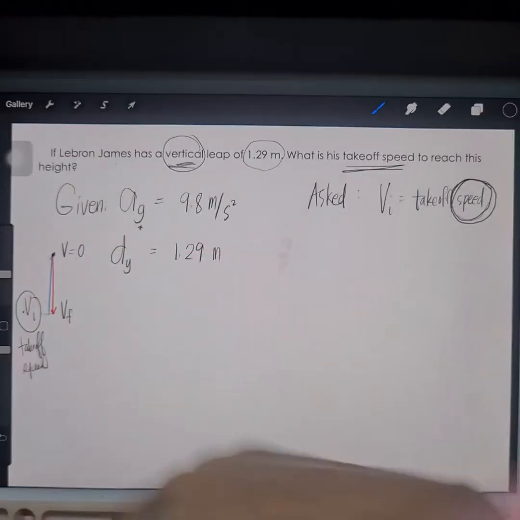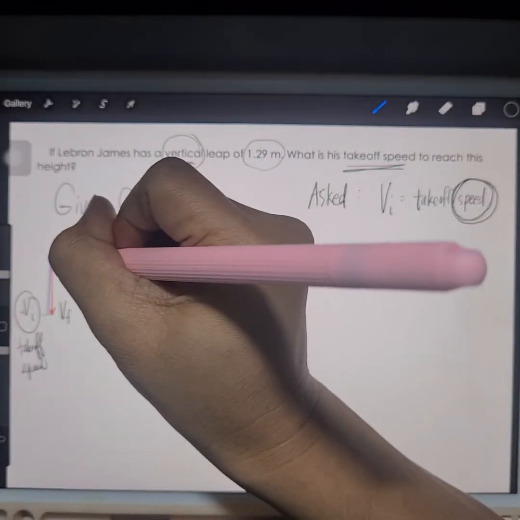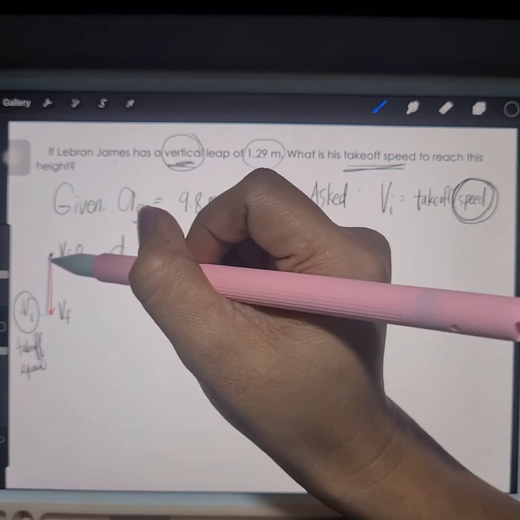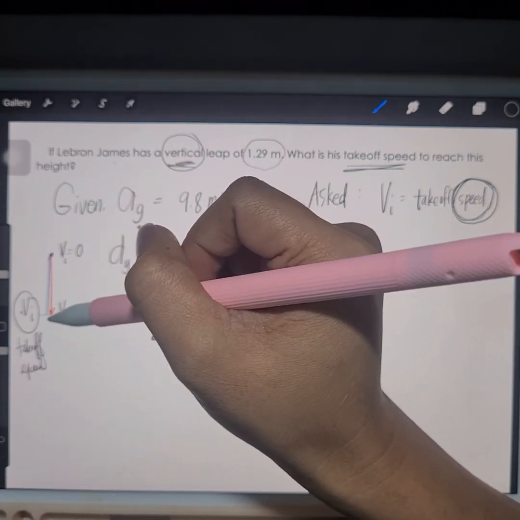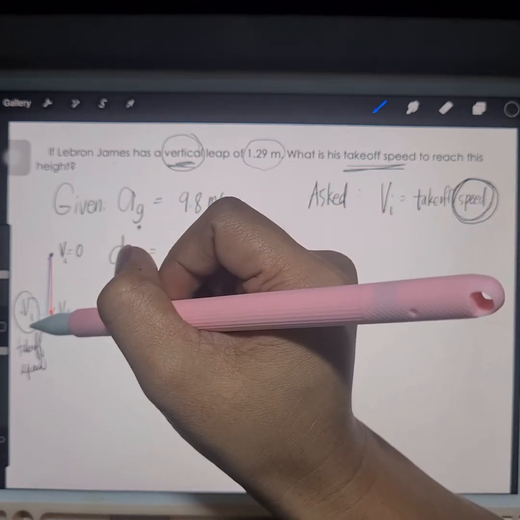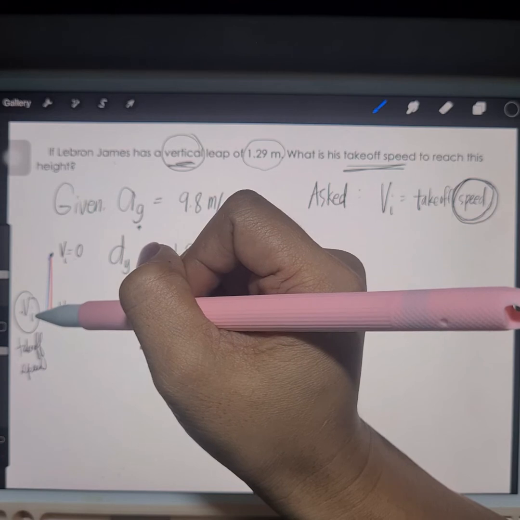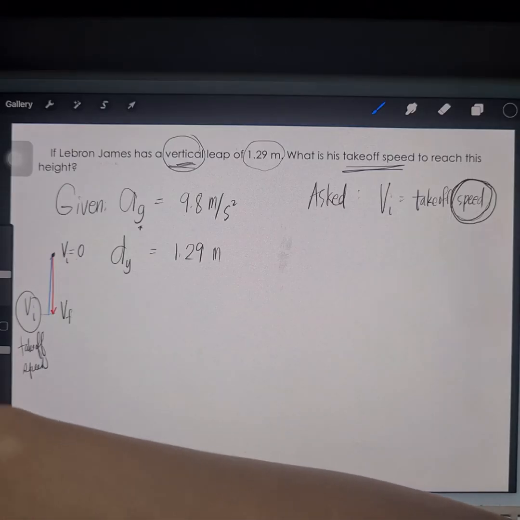Now, please do not be confused. We have here an initial velocity and another initial velocity. This initial velocity is for the red path from up here going down, and this initial velocity here is for the blue path from down here going up.